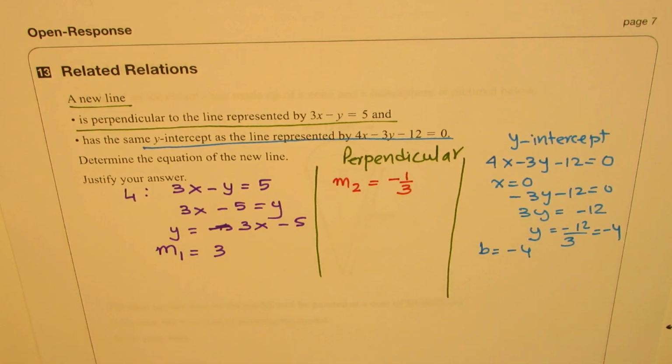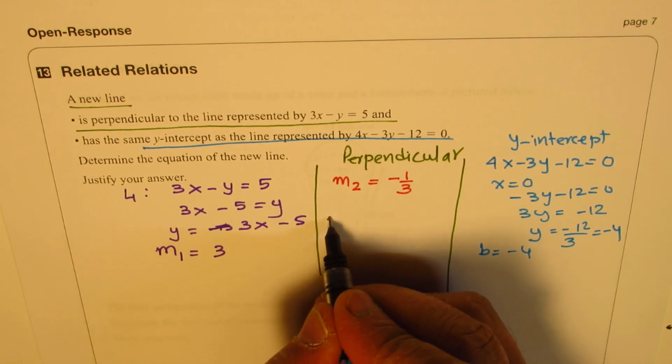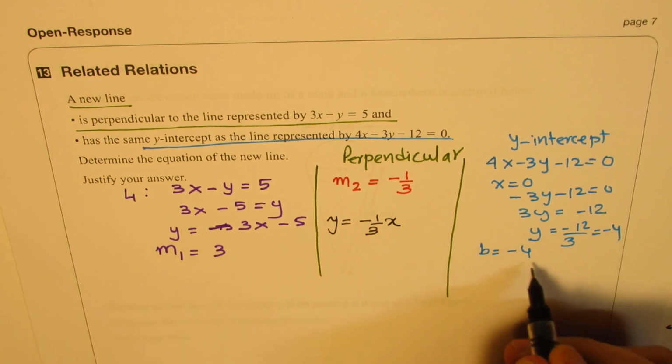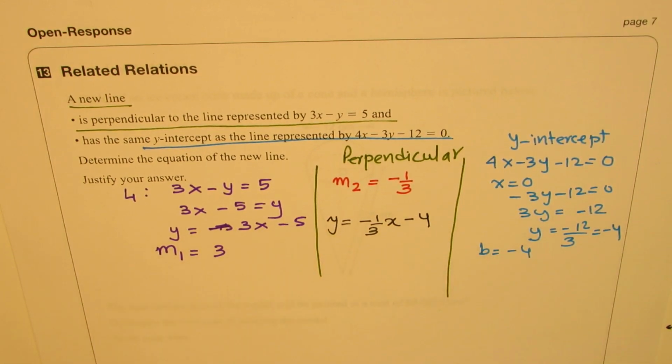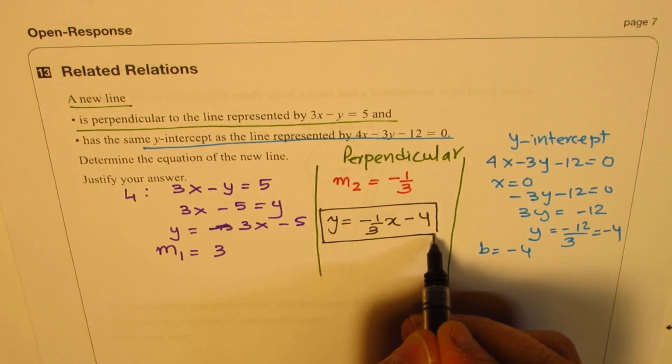So now we can write down the equation of our new line. It should be y equals slope of minus 1 over 3 times x, and y-intercept of minus 4. Does that make sense to you, right? So that becomes our answer. Correct?